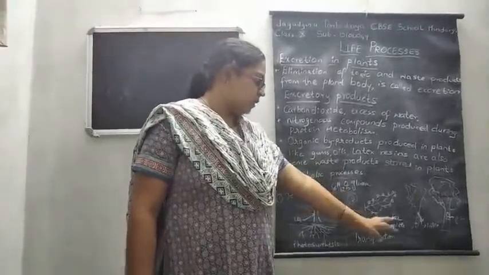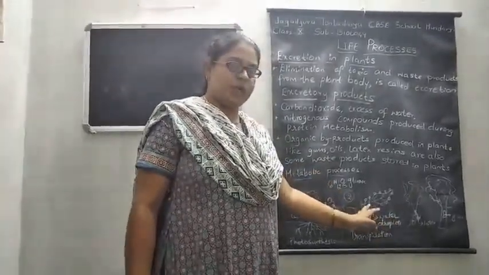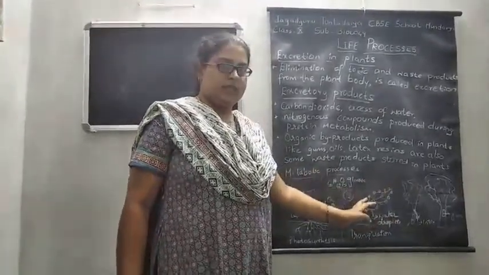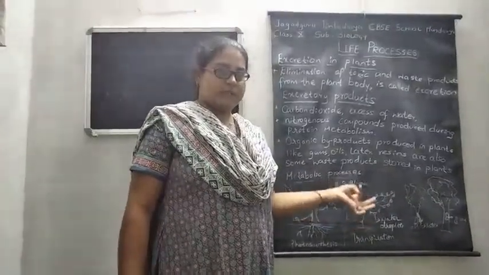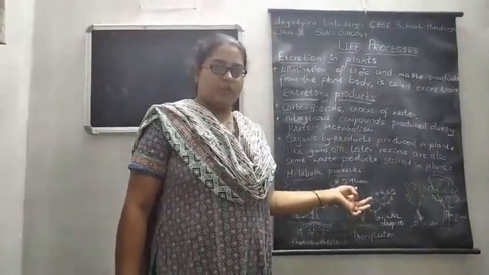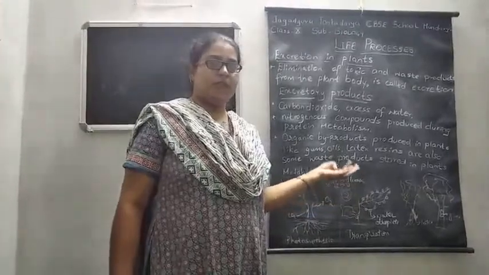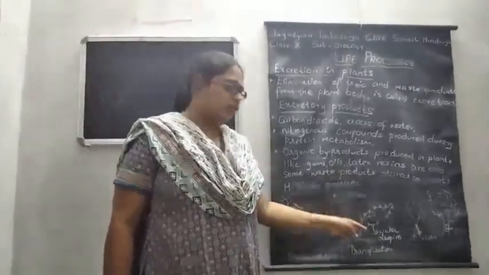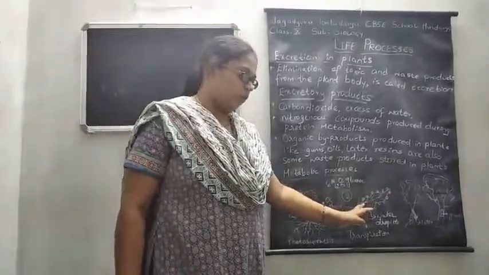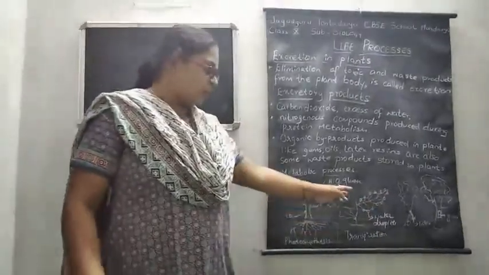In transpiration, what happens? Water droplets are removed from the plant body over the leaf surfaces, root surfaces as well as stem surfaces with the help of stomata present in the leaf, root as well as stem. In the form of water droplets, water is removed from the plant. These are the metabolic processes.